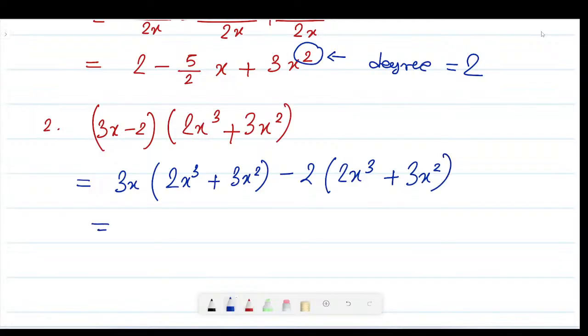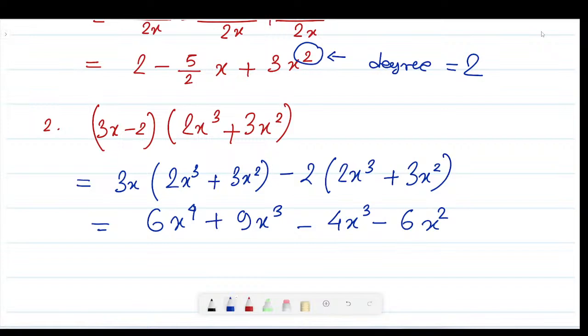And then simply multiply it. 6x to the power 4 plus 9x cube minus 4x cube minus 6x square. And the highest degree here is 4. So the degree is 4.